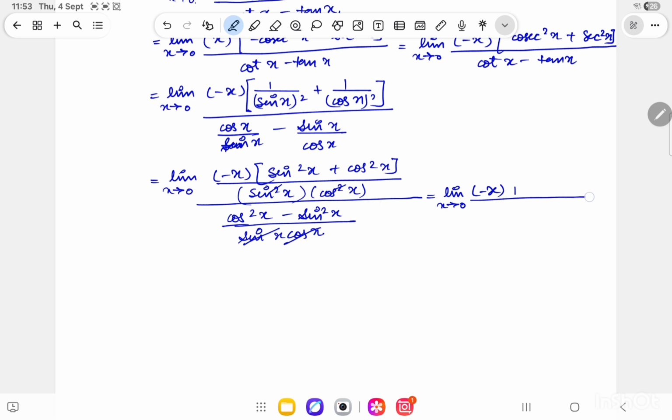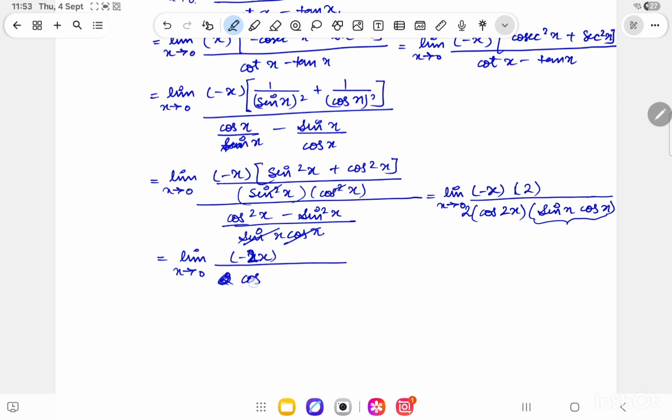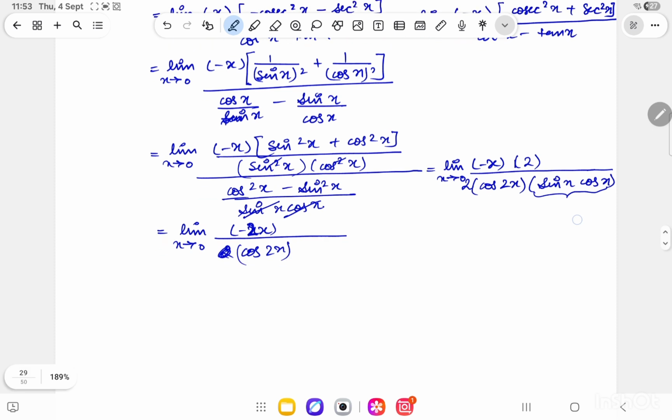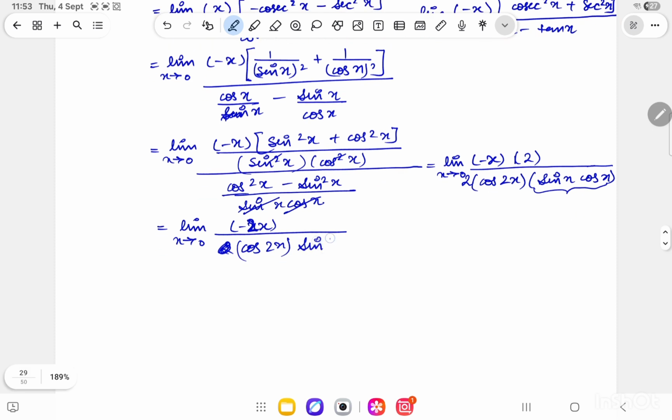So into 1 divided by (cos square x minus sin square x), which is cos 2x, into sin x cos x. Here I can multiply and divide by 2 so that I can form sin 2x. This will be the limit as x approaches 0 of minus 2x divided by 2 into cos 2x into 2 sin x cos x, that is basically sin 2x.